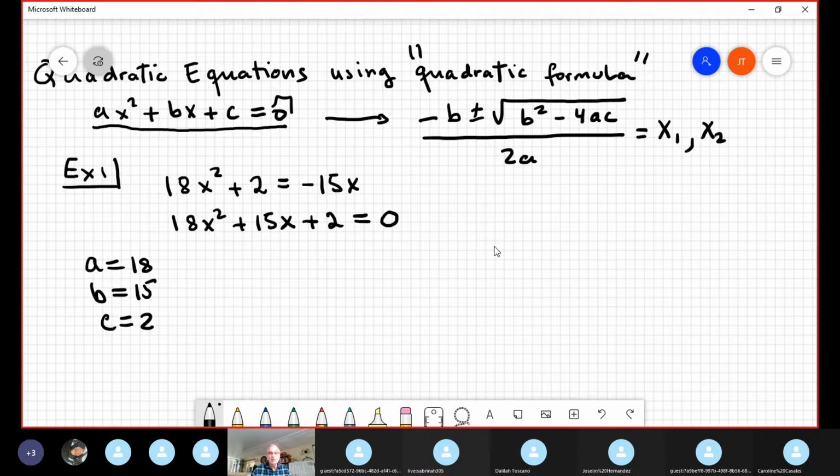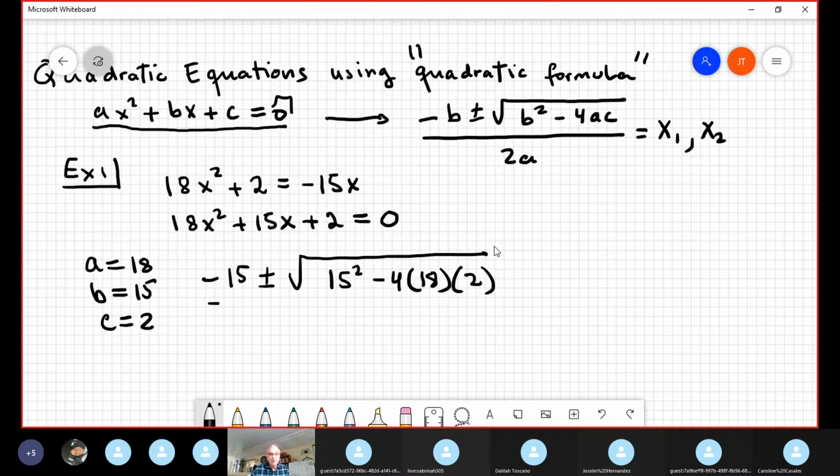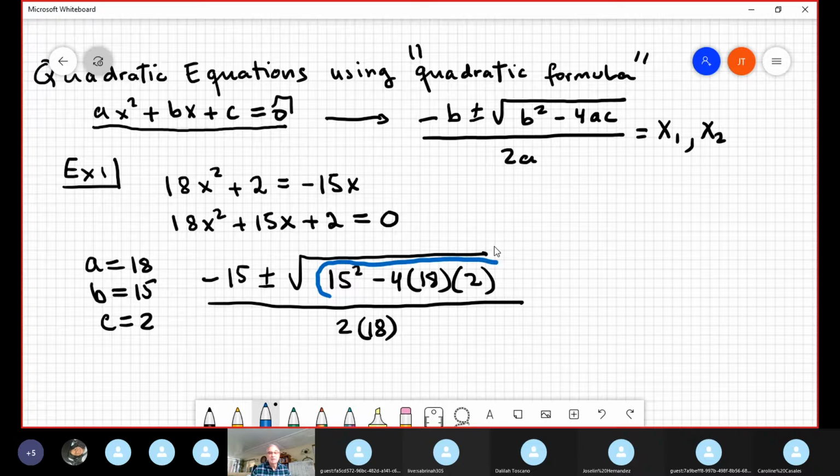I'm plugging those numbers into the formula, which is minus 15 plus and minus the square root of 15 squared, which is B squared, minus 4 multiplied by 18 multiplied by 2, everything divided by 2 times 18.